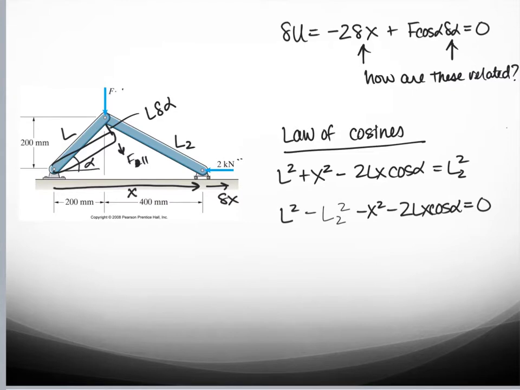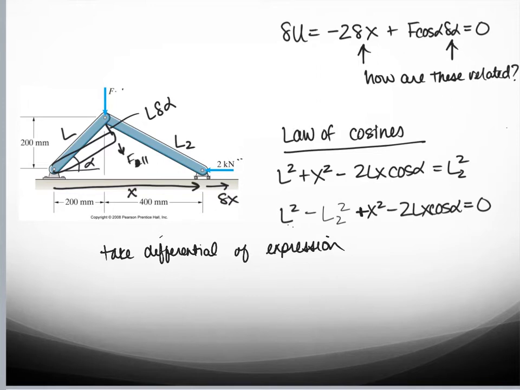And now I'm going to take the differential of this equation, which really is like taking the derivative of it. Of course, the length of the linkage, L and L2, are constants, so when I take the differential I don't get anything for those. Those are 0.